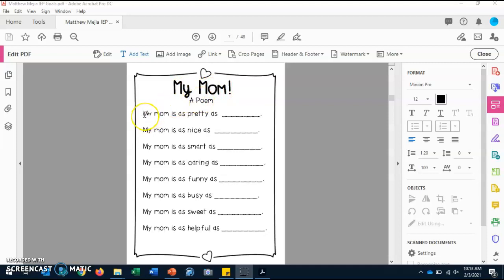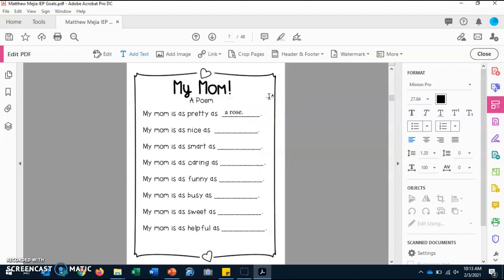And the first sentence is, my mom is as pretty as. And here you are going to write your other object, the other thing you want to compare your mom to. I'm going to help you out with this one, and I'm going to put as a rose, because I think roses are beautiful.